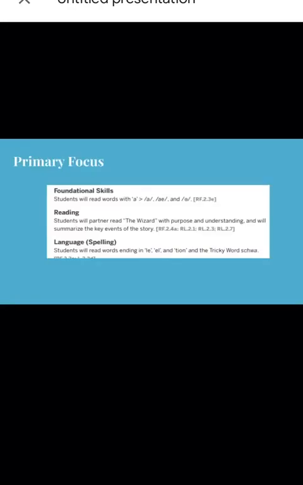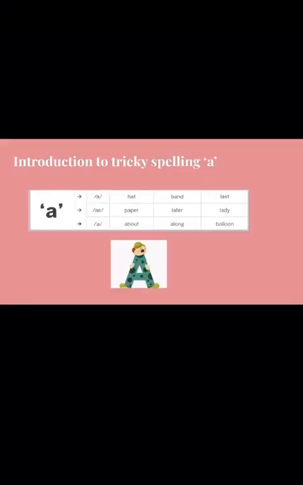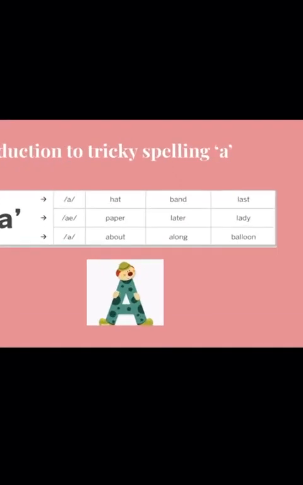Pull up our slides. There we go. Here's our introduction to tricky spelling A. Now A can make a whole bunch of different sounds. For example, in our first row, we have A making the A sound in the words hat, band, and last. Next, we have tricky spelling A making the A sound.